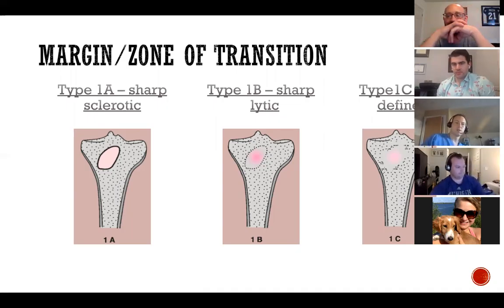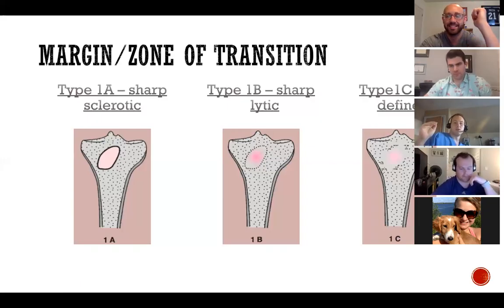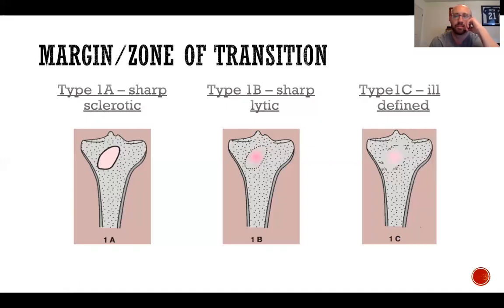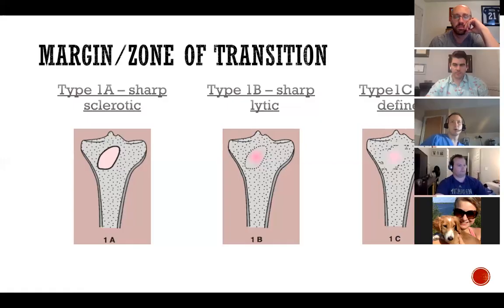Whereas you can also have a moth-eaten lesion that has very defined zones of transition, but it's not localized into one central geographic area. Each one is a spectrum that gives you clues to the aggressiveness of the lesion. But once you get to a permeative lesion, by definition, it's a wide zone of transition. Yeah, I think that's a good way to describe it.